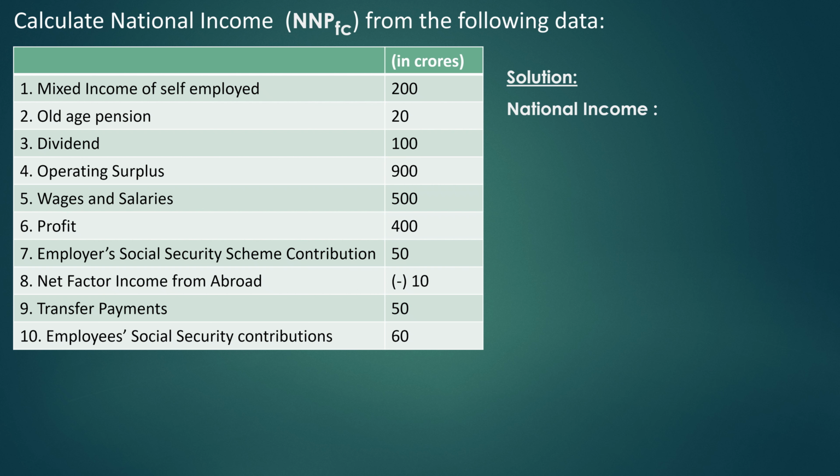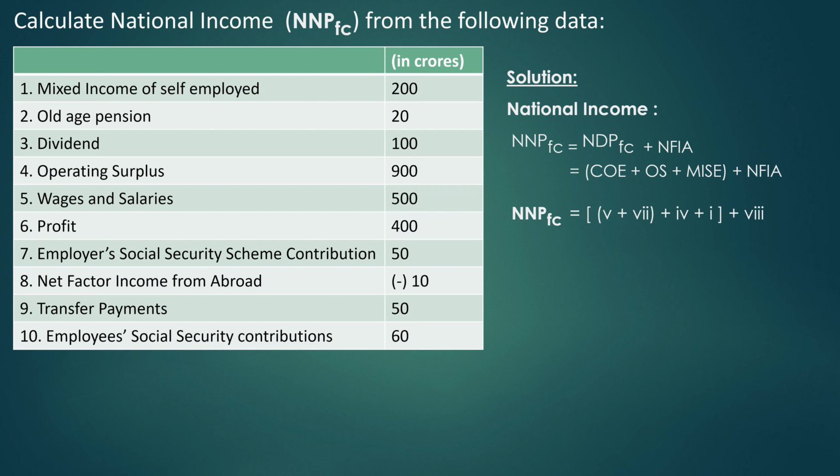National income is the sum of domestic income and net factor income from abroad, and domestic income is NDP-FC. So for calculating domestic income, we add all the three factor incomes, COE plus OS plus MISE, and then to domestic income we add net factor income from abroad. So NNPFC is equal to COE plus OS plus MISE plus NFIA.